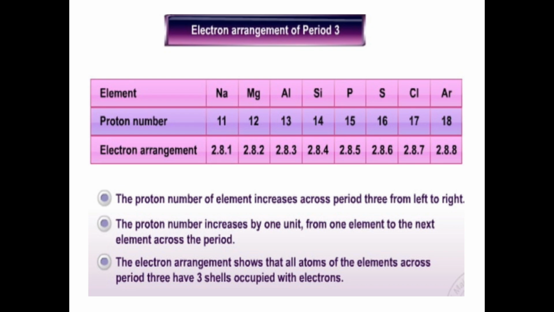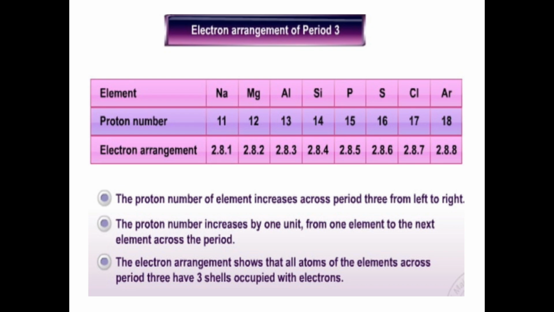And then another thing you should also note is that the proton number increases by 1 unit from one element to the next. And then the electron arrangement shows that all atoms of the elements across period 3 have 3 shells. Very important, all elements have 3 shells.